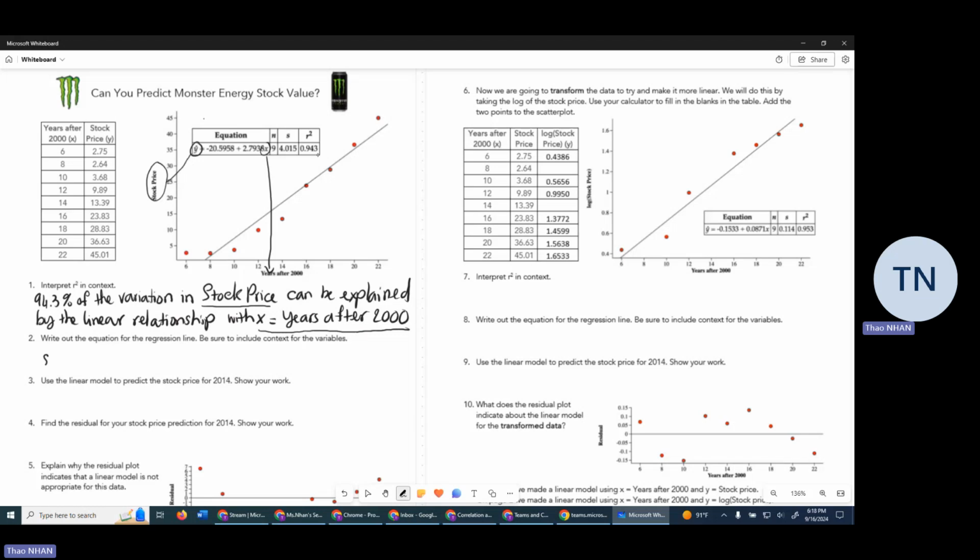So we're going to write stock price with a little hat there, like my y hat, will equal negative 20.5958 plus 2.793 parentheses, and the x there was year after 2000. So years after 2000. Okay.